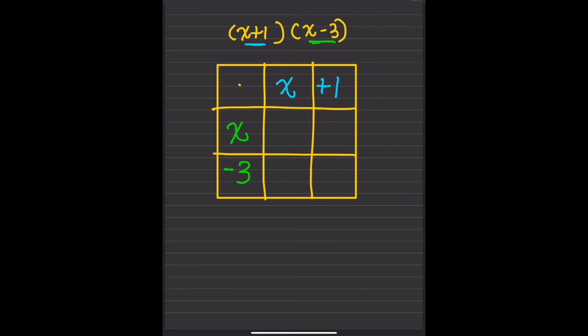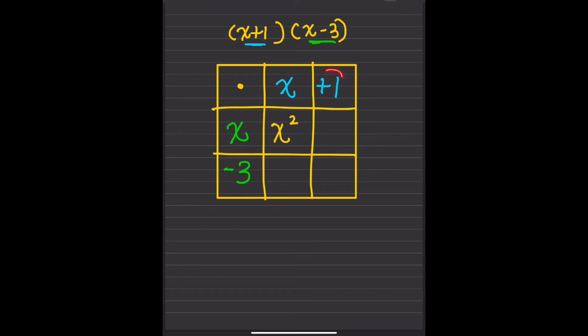And this means multiplication. I just use a dot so that you don't confuse the multiplication sign with the variable x. So do the same thing. X times x would give you x squared.